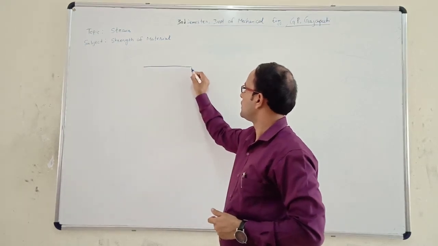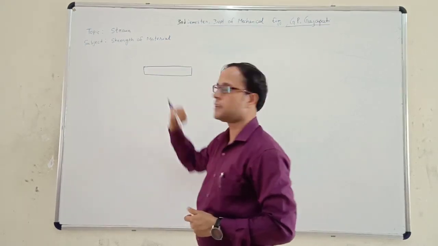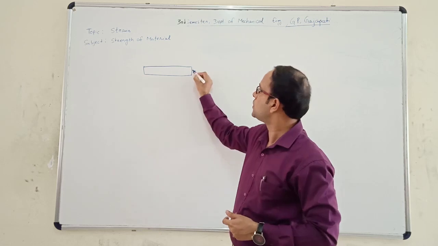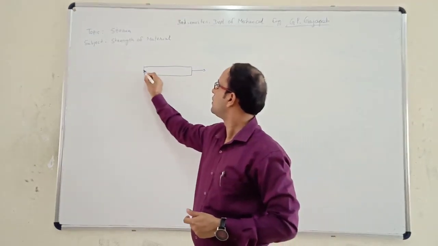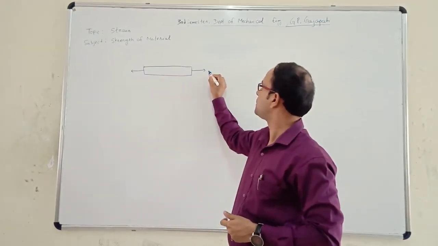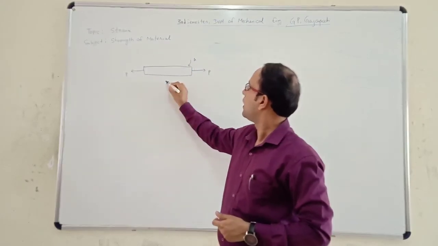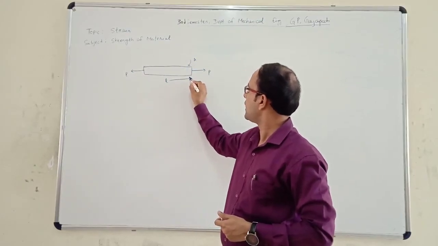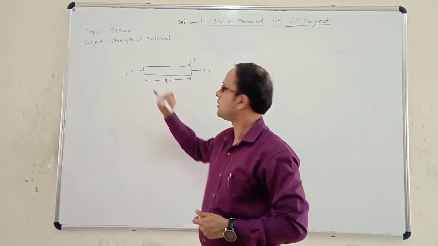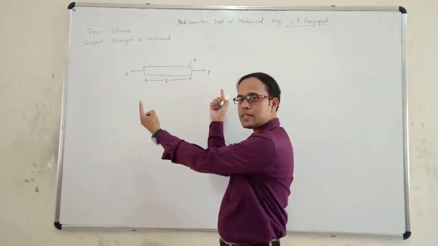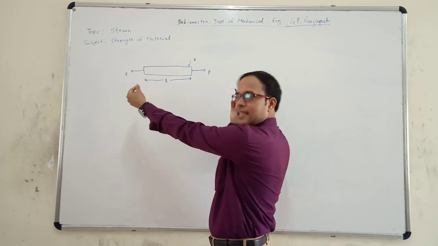Suppose this is a body. It is subjected to tensile force P. Let the cross section be A and the original length be L. Now, due to this P, there will be an increase in length.